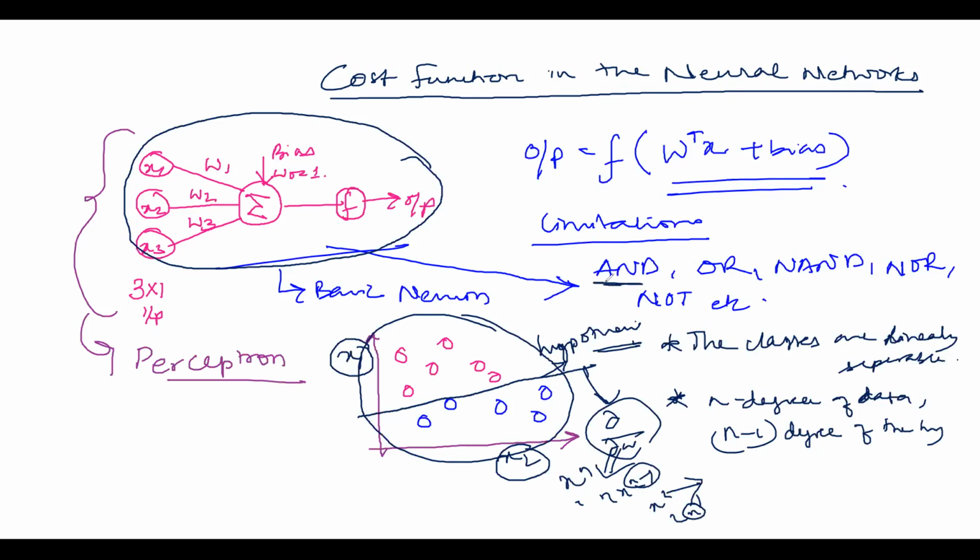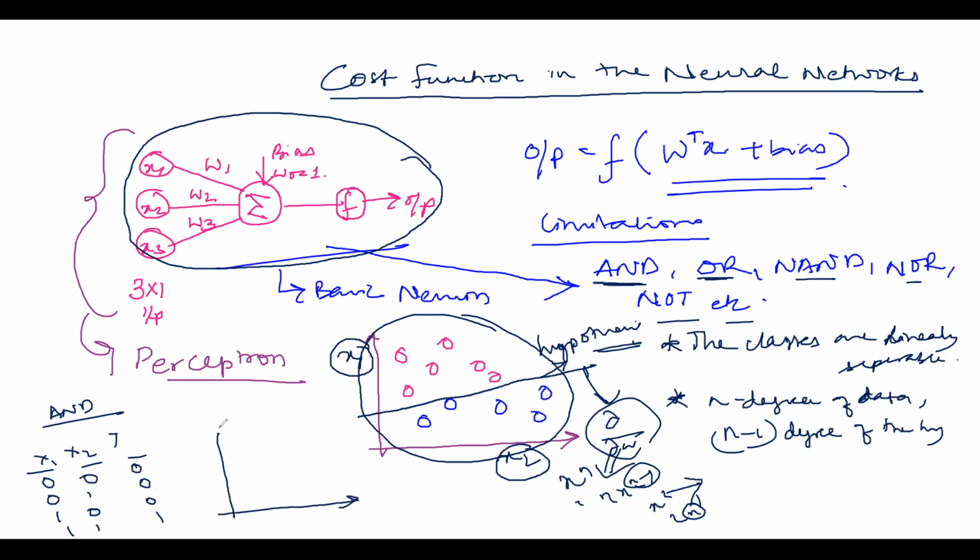Now, when we have AND, NAND, NOR, NOT, etc., the data are linearly separable. How? Let us see AND. AND is x1, x2, y. When I plot this AND, how will it look? The inputs are 0 0, 0 1, 1 0, 1 1.